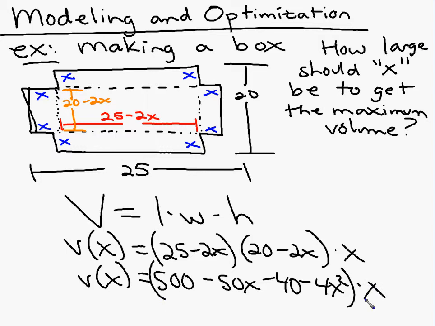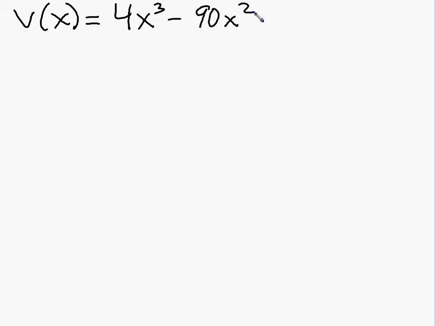And I need a new page. So we're going to do distributive property through that thing. Yeah, that should be minus 40x. We're going to do distributive property through that thing and simplify it a little bit. My new volume function would be 4x cubed minus 90x squared plus 500x after I simplify and do distributive property.